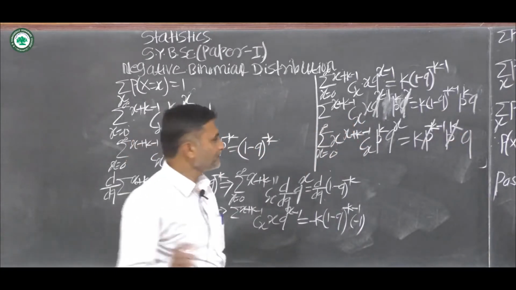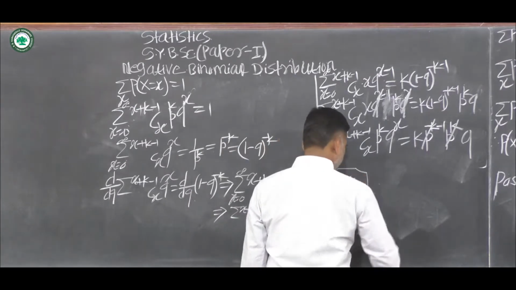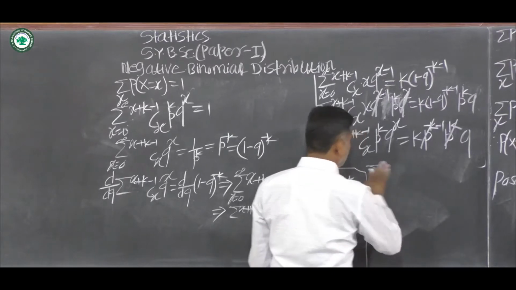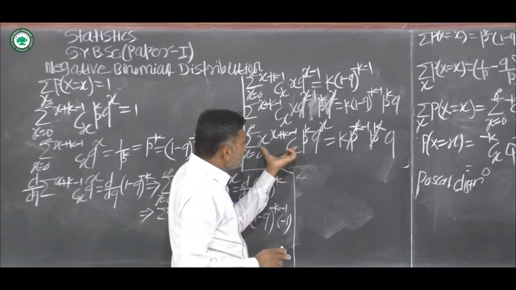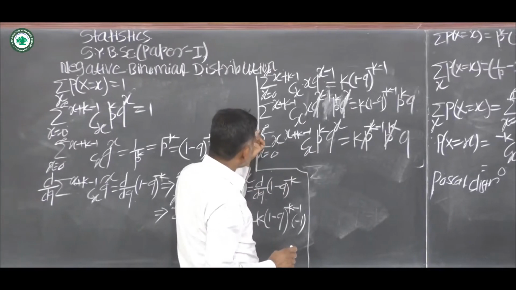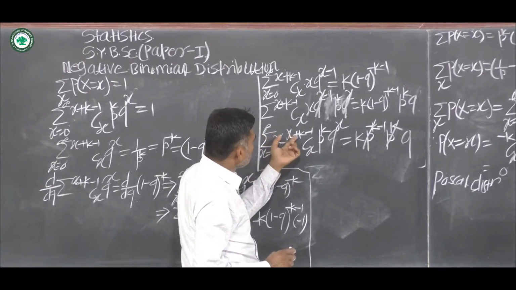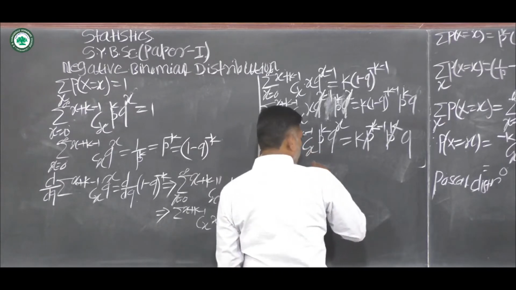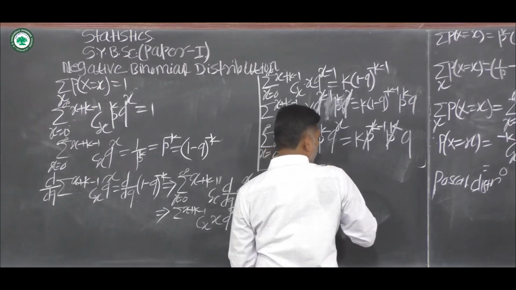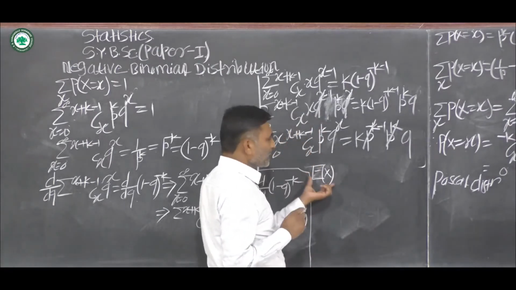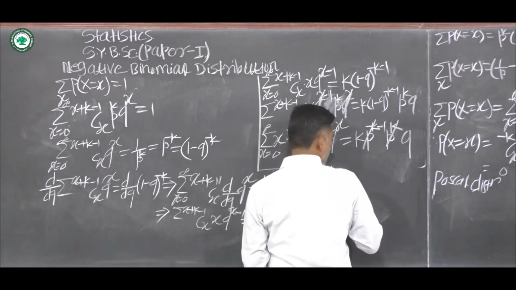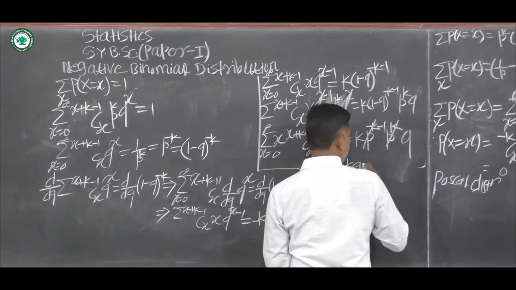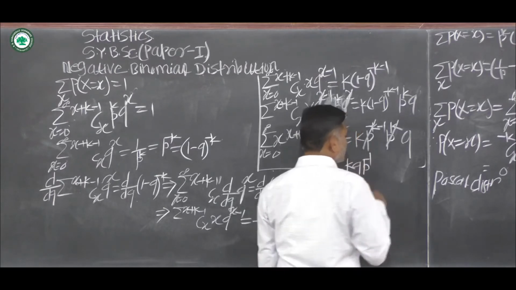Okay, then this is equal to the summation. Now what is the left hand side of this equation equal to? The summation of x into x plus k minus 1 C x p raised to k into q raised to x is equal to the expectation of the random variable X. This is the expected value of X, which is equal to k into q into p raised to minus 1.